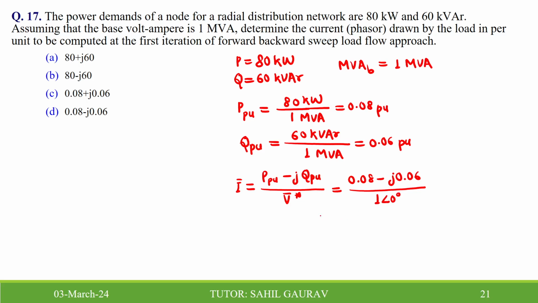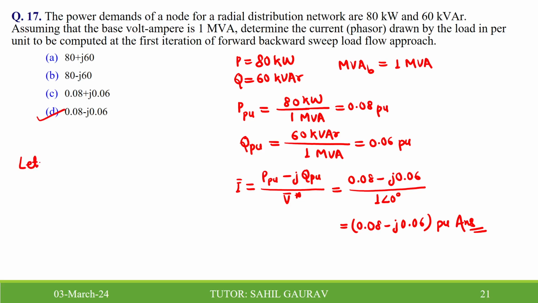If it is not given in the problem, you have to assume this 1 per unit. So the answer will be 0.08 minus j 0.06 per unit. Therefore D is the correct answer.